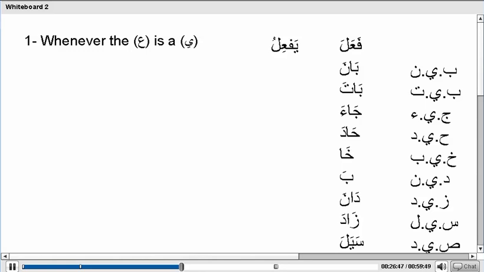From qala, meaning said. Yaqulu. So there, a waw. Okay? And bana, do you say yabunu or yabinu? Yabinu. And so on. واضح? Don't worry, inshallah. All of this will be coming, inshallah. But start with what's most important.